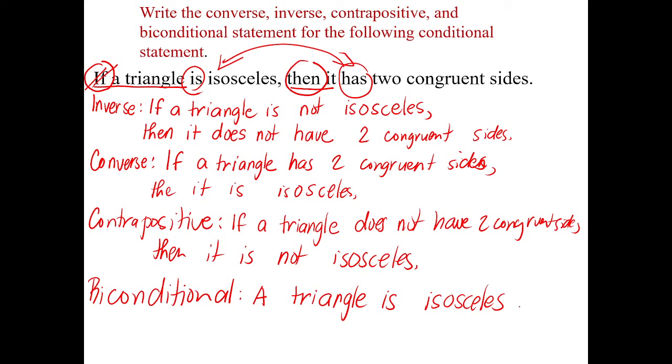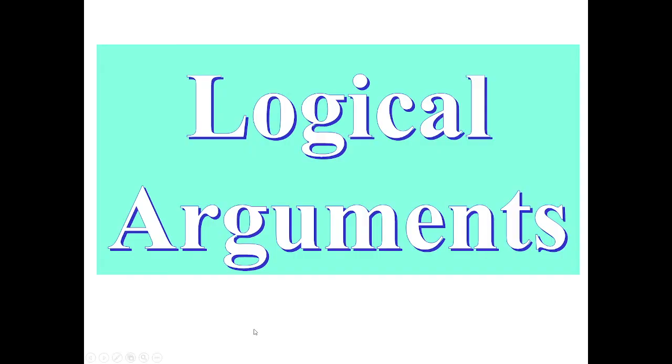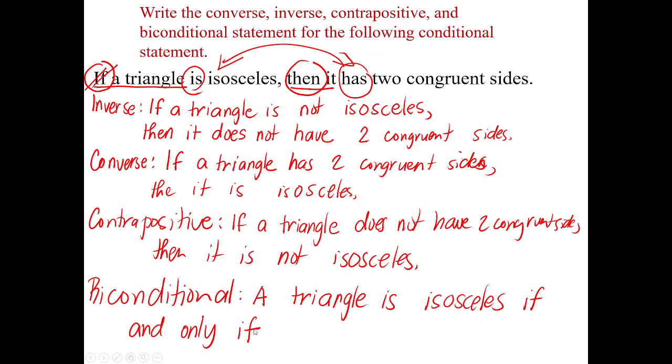Ilisan og good. If and only if. Nya unsay isumpay? Ay, sorry. It has two congruent sides. There you go. Sorry.